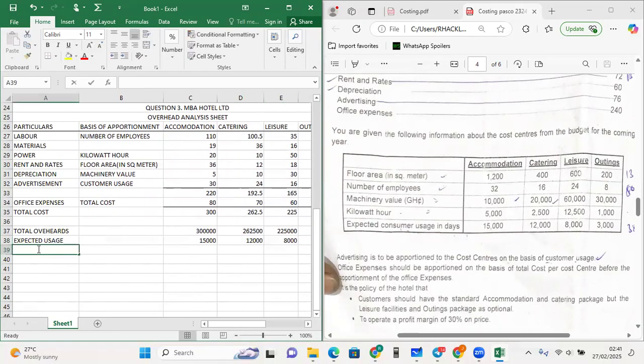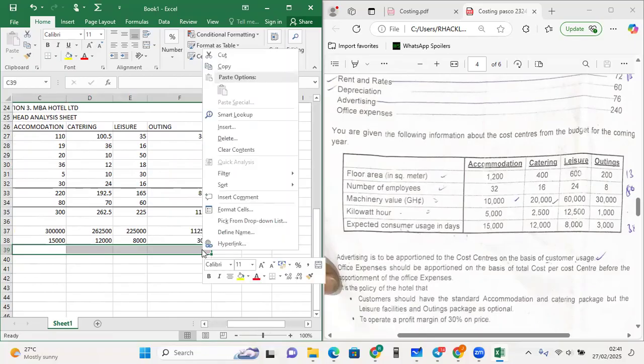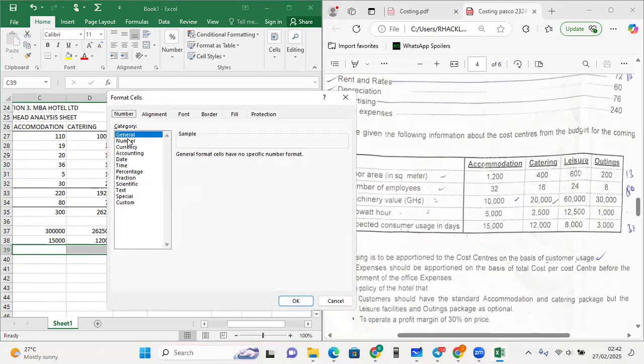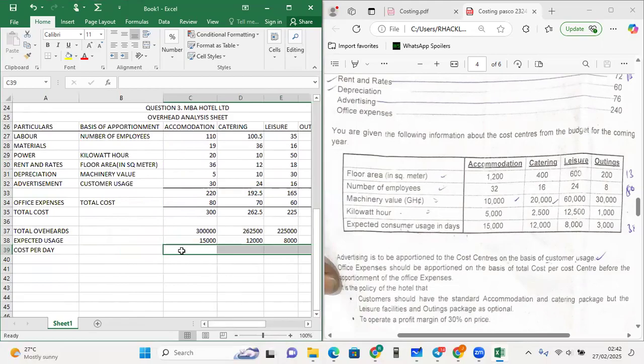And so if you want to get the cost per day, let me go and do it. So you want to get a cost per day. This divided by this, right?